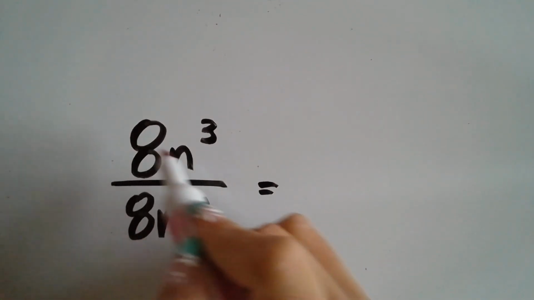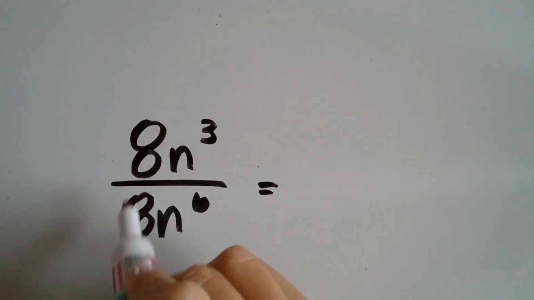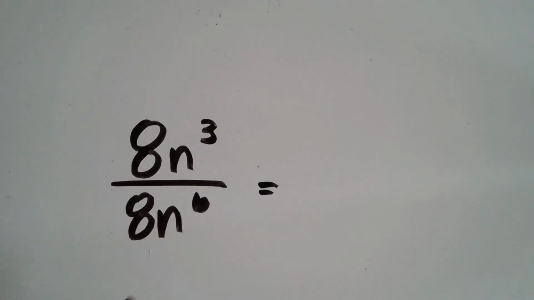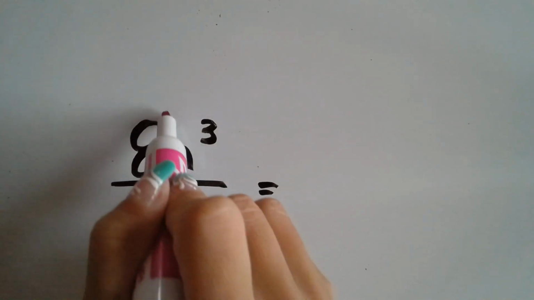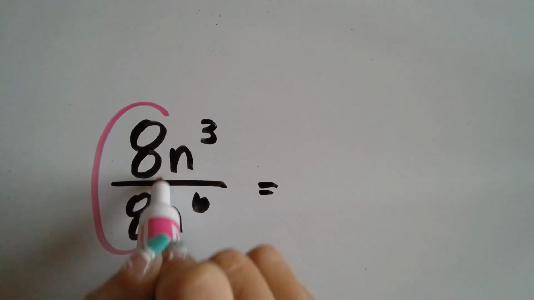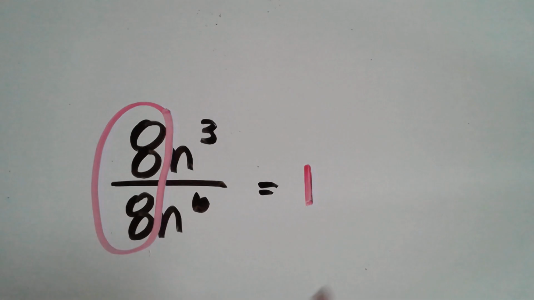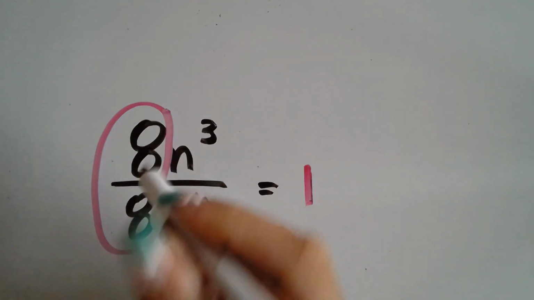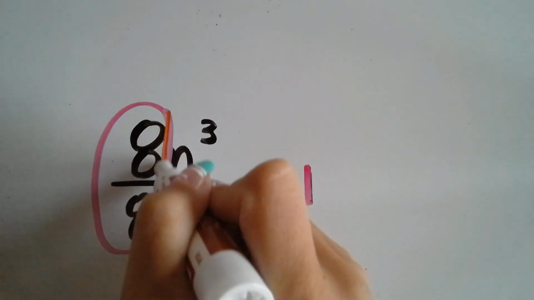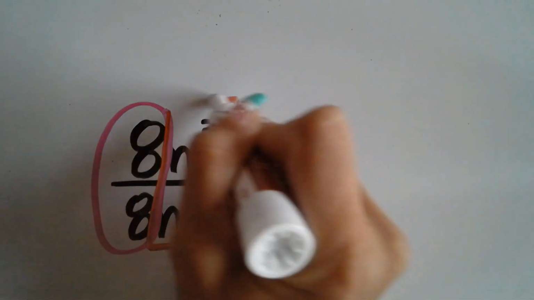So we have 8n to the third over 8n to the sixth. Okay, so we're going to go ahead and divide our coefficients like normal. 8 divided by 8 is 1. Okay, and then we know that we have n to the third divided by n to the sixth.